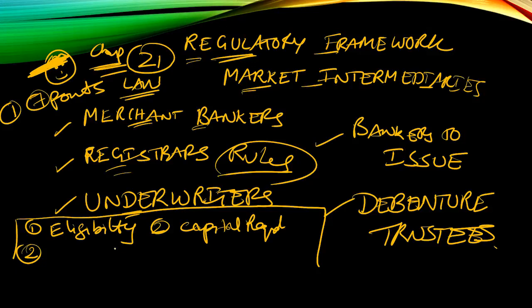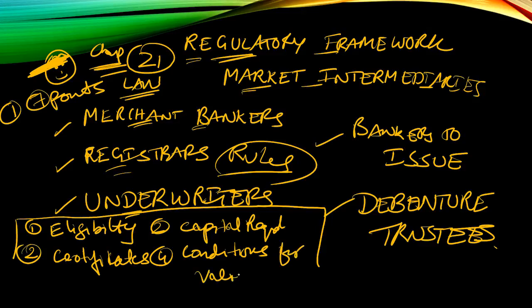Then we study about the certificate. After all these things, we'll study about the certificate which will be issued by the authorities. And then what are the conditions to ensure that the certificate is valid? Conditions for valid certificate.